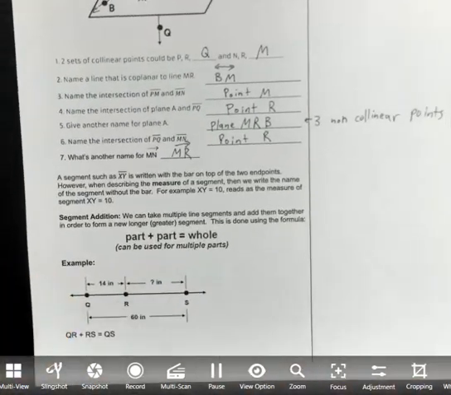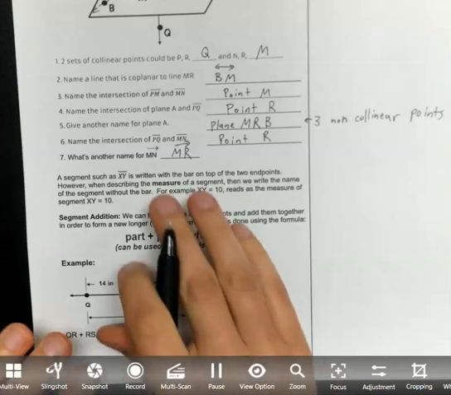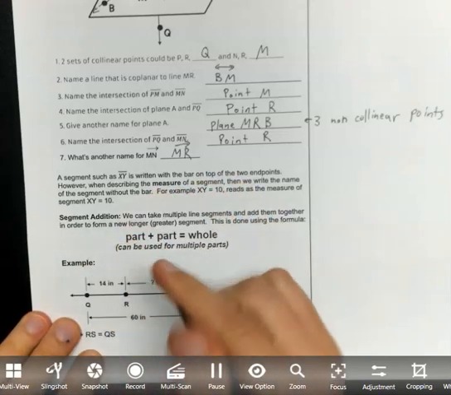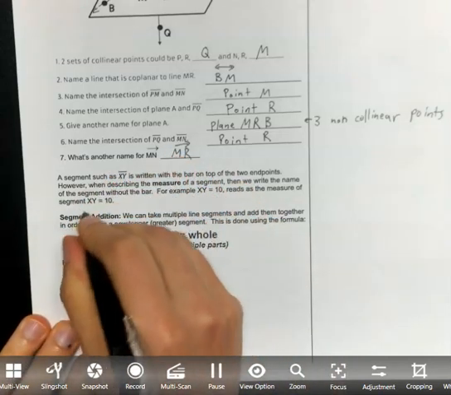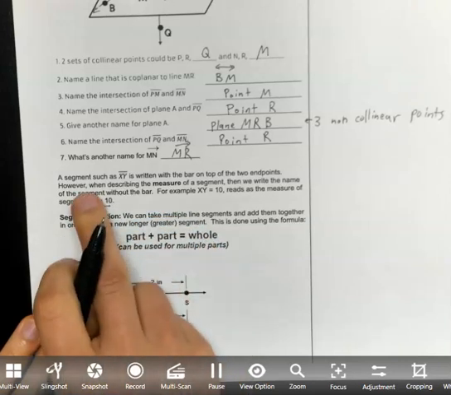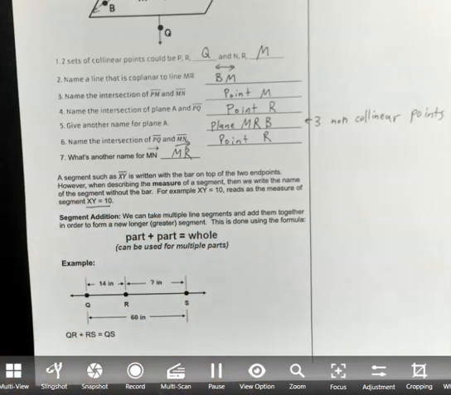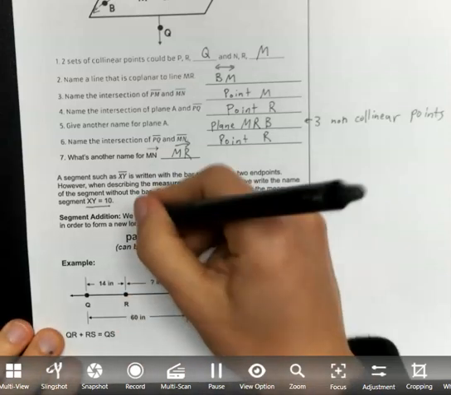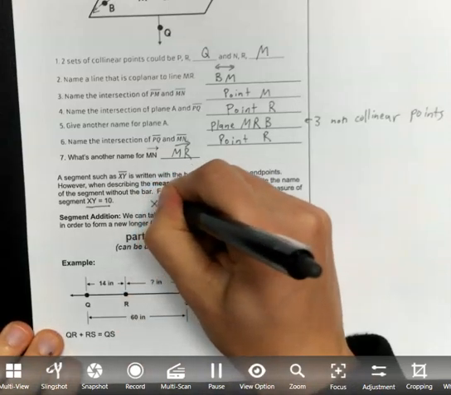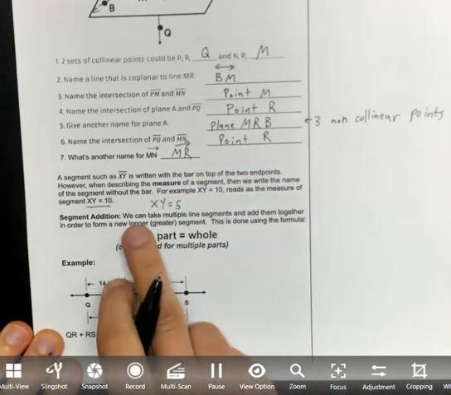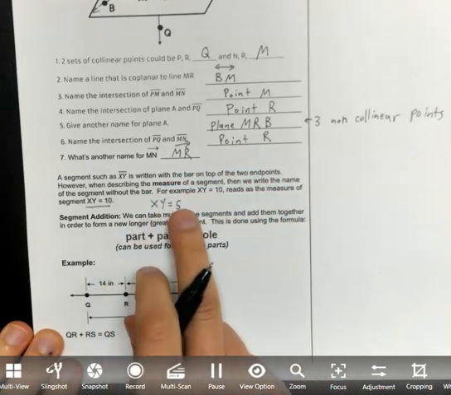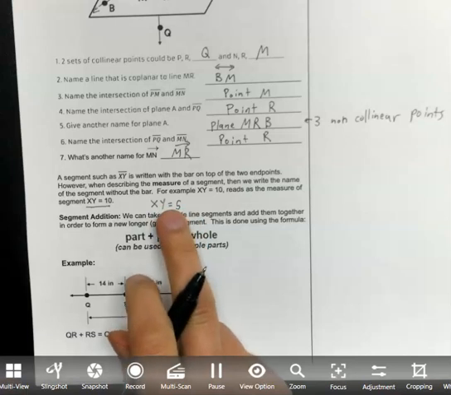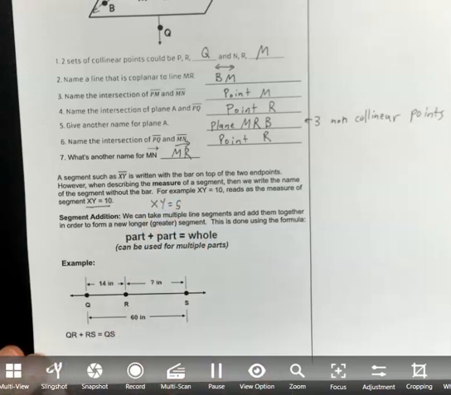All right, when we write the measure of a segment, we write that segment without a bar on top to say, hey, that means measure of segment. So for example, if I say XY is equal to 5, that means that segment XY, the measure of it, the length of it, is 5.